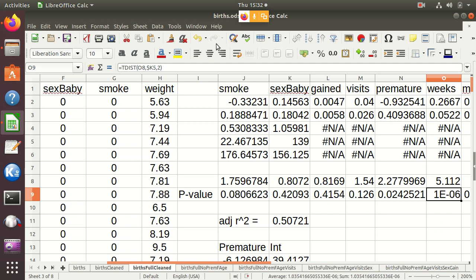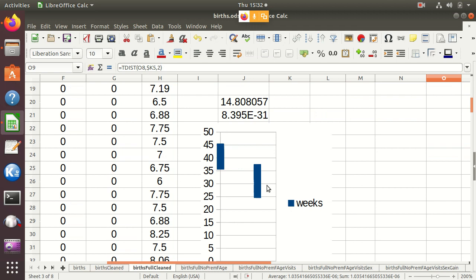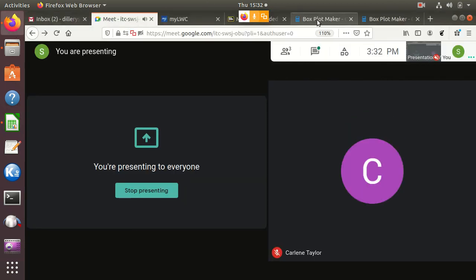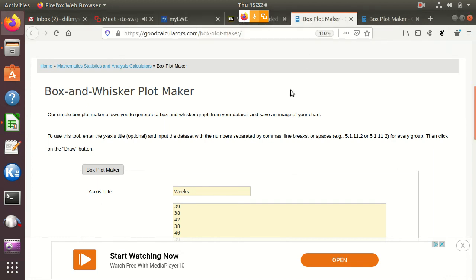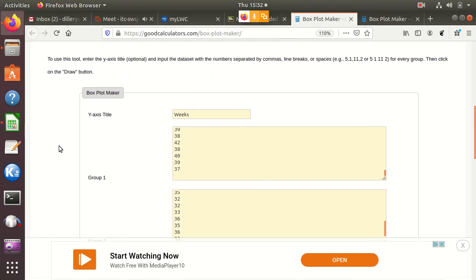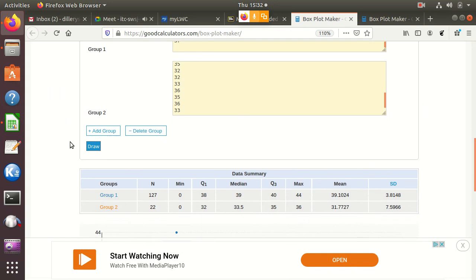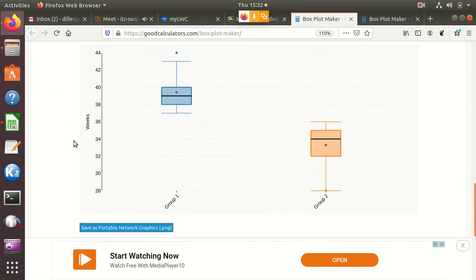And, oh yeah, I plotted that here. Now I have added a link to this site. Here's a nice site where you can put your data in and get a nice box plot that you could take a screen capture of and plot in your stuff for your final project.